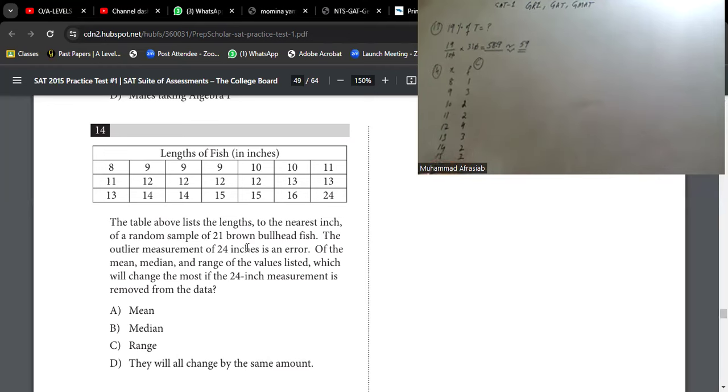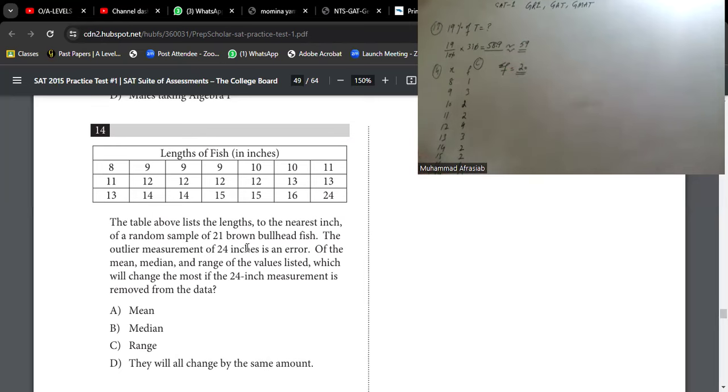For 16, the frequency is 1, and for 24 the frequency is 1. But they said that we are removing this data from the whole of the fish data. So it means the total number of frequencies left is equal to 20.